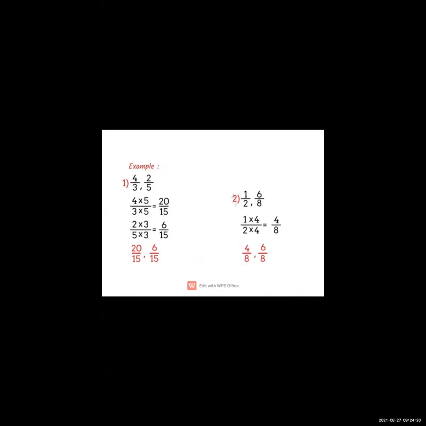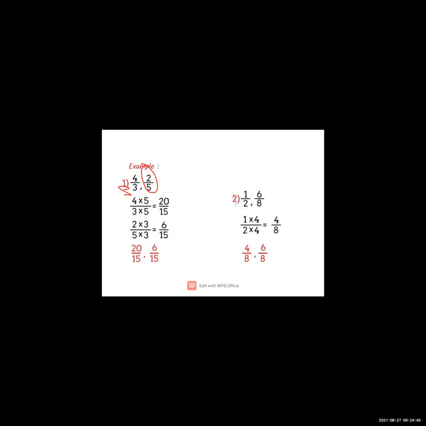See, again I am saying, if in the 3 table 5 is not going and in the 5 table 3 is not going, it means we have to multiply the whole fraction. The first fraction you will multiply with the second fraction's denominator. After that you will multiply the second fraction with the first fraction's denominator.